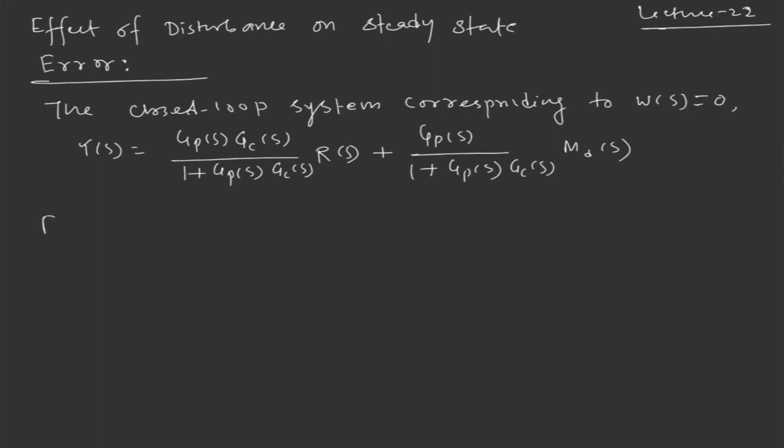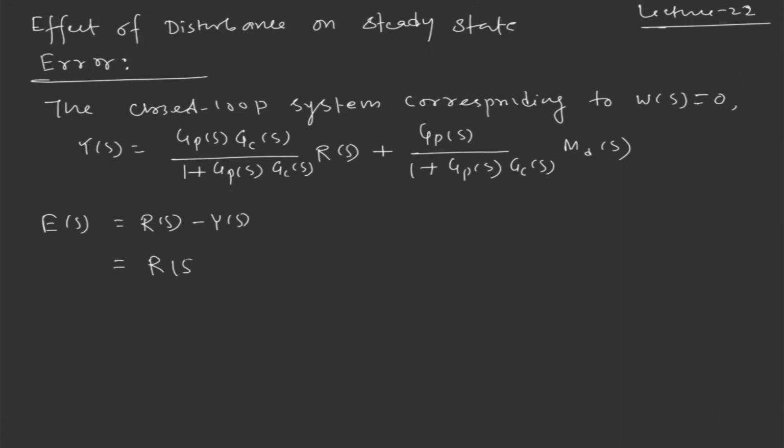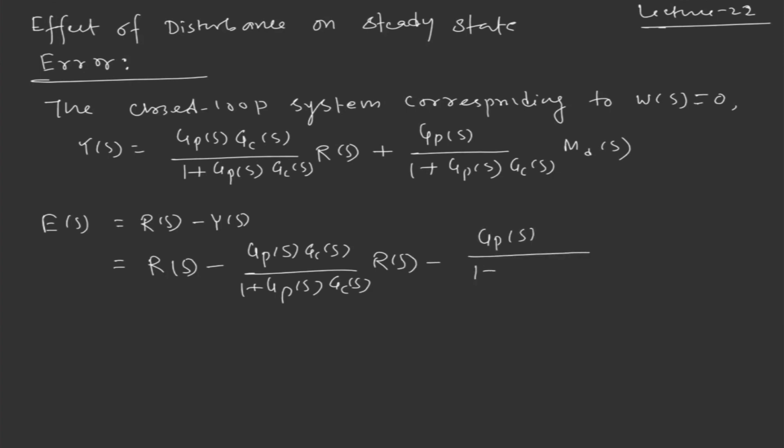Error we had R(s) minus Y(s), and in R(s) we can substitute the expression of Y(s): Gp(s) Gc(s) over 1 plus Gp(s) Gc(s), R(s), minus Gp(s) over 1 plus Gp(s) Gc(s), Md(s).